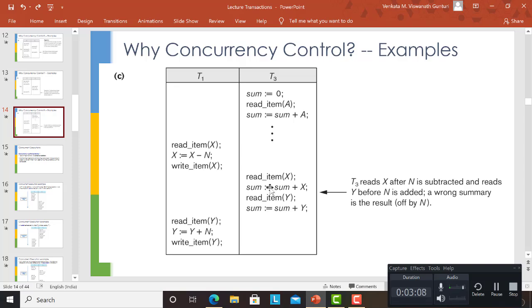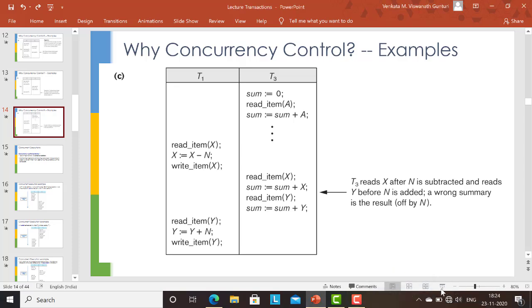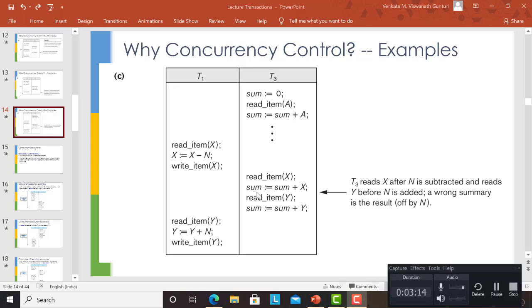So over here, what has happened is I am reading X after $50 has been subtracted, but I am reading Y before $50 has been deposited here, right? So this kind of thing will lead to an incorrect summary, right?